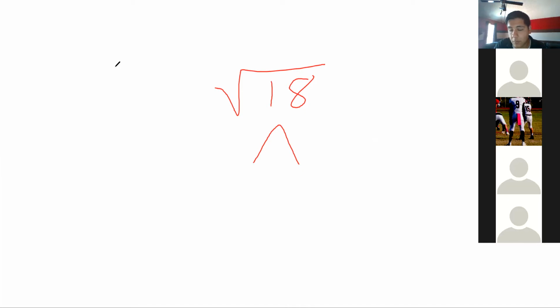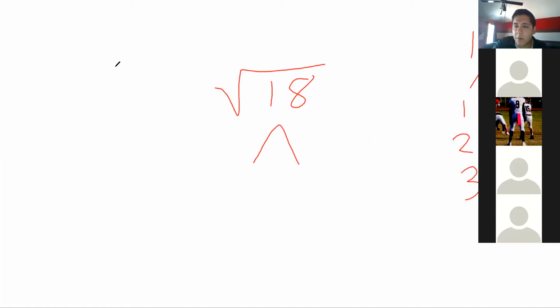One, but we usually avoid one because it doesn't really simplify it. So let's think about it. The factors of 18 are 1 and 18, 2 and 9, 3 and 6, and so on.